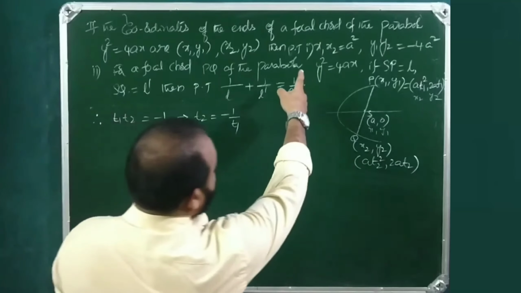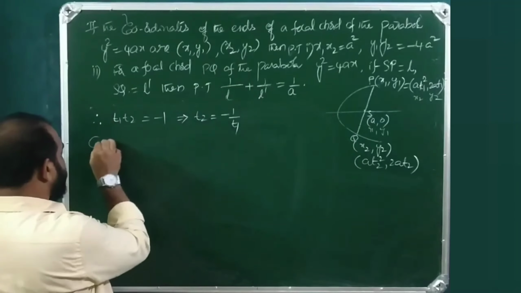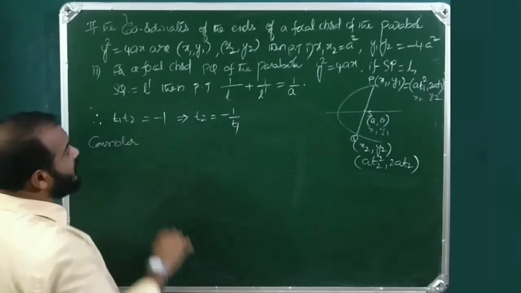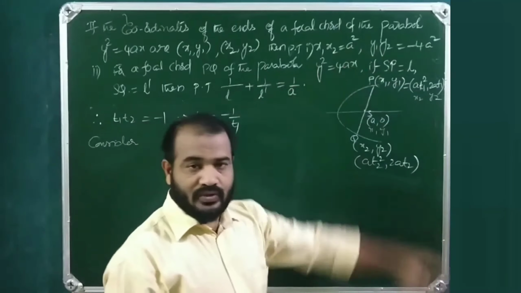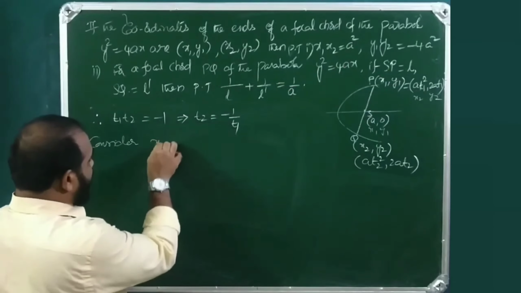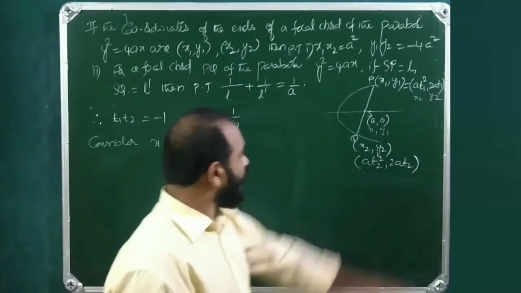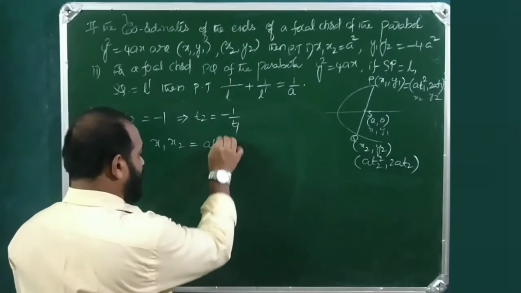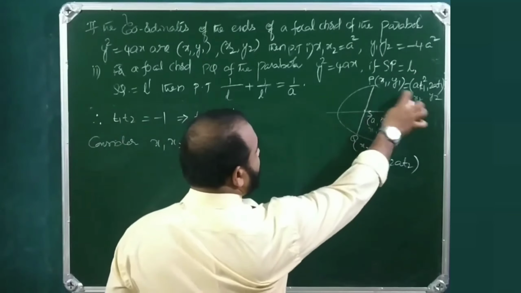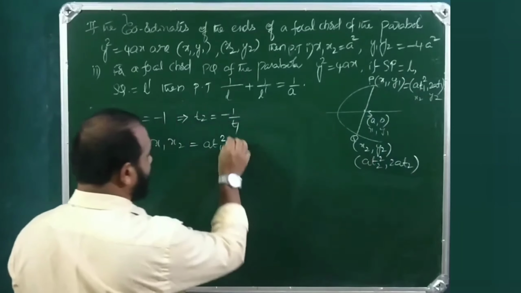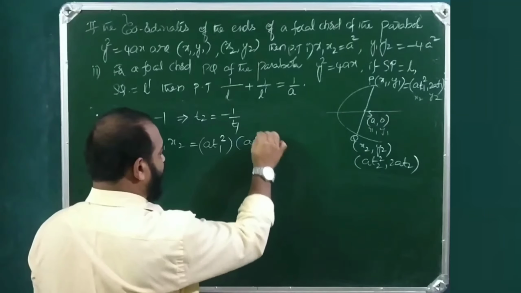Now, what is x1 x2? This is to be proved: x1 x2 equals a square. Now consider x1 x2. x1 is a t1 square and x2 is a t2 square.